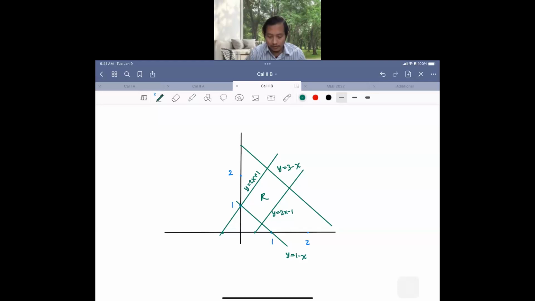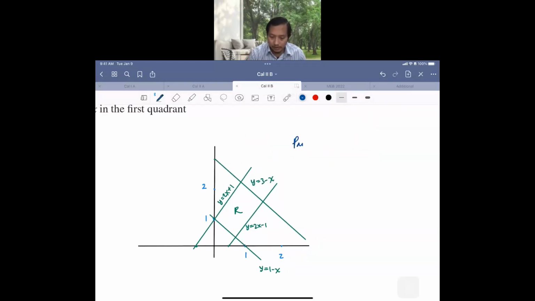If we see our lines, we can construct the parallel lines. The parallel lines we can write first: y equals 2x minus 1 is parallel with y equals 2x plus 1.